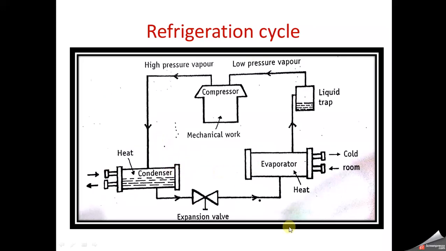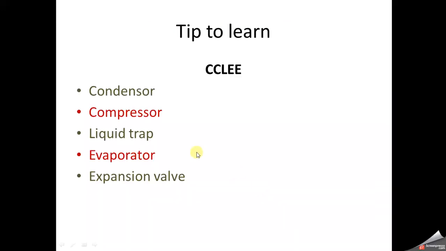So here is a tip on how to remember the basic components of the refrigeration cycle. It can be remembered by the letters C, C, L, E, E, right? C stands for condenser, next for compressor, then liquid trap, then evaporator, and then expansion valve, right? So these all are in sequence. Condenser will come first, then compressor.